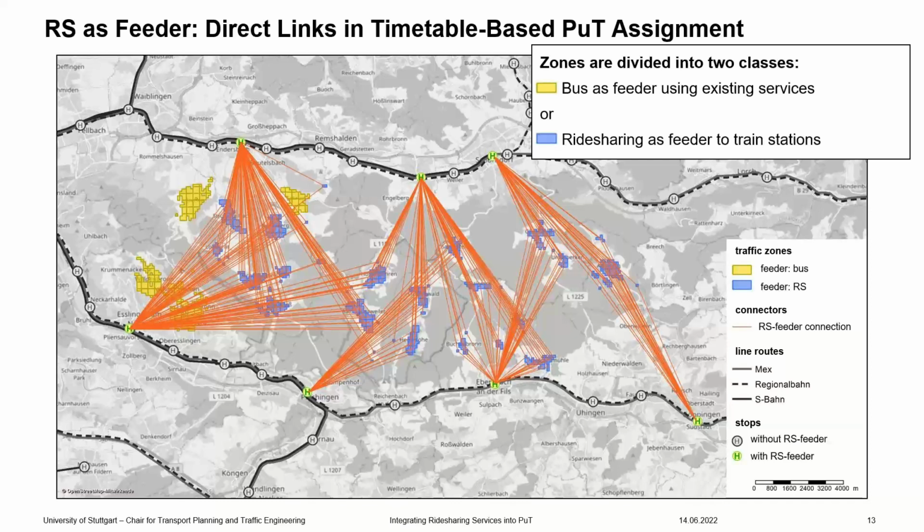And as you can see here, we decided for each traffic zone within the study area to which stop in the north and the south of the area the ride sharing feeder will go. Through this, we can achieve a high pooling rate, for example, and we can decide on which train stops we might provide enough parking spaces, for example, for the ride-sharing feeder vehicles.